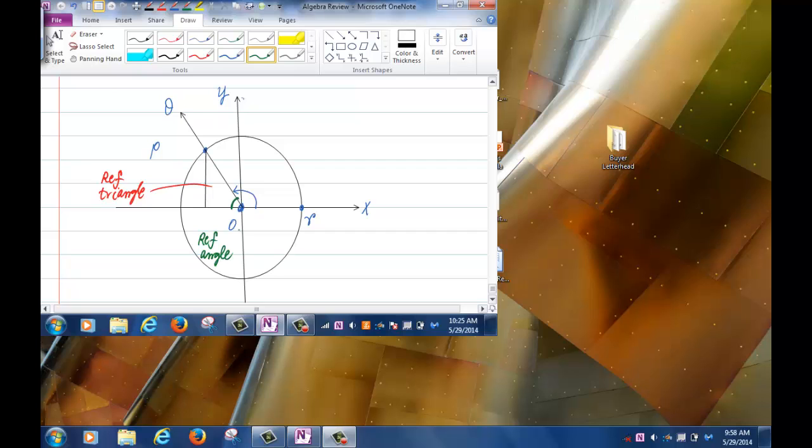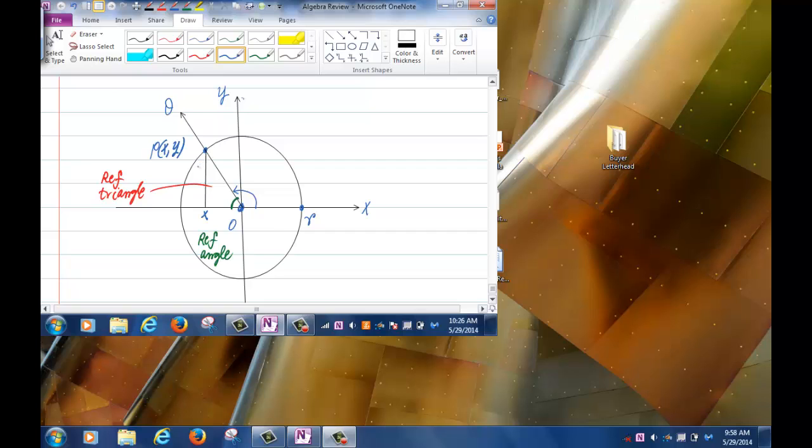Okay, and let's assume that the point P has coordinates given by x comma y. So can someone tell me what's the length of the adjacent of the green angle? X. So x would be this length, and then what's the length of the opposite of the green angle?